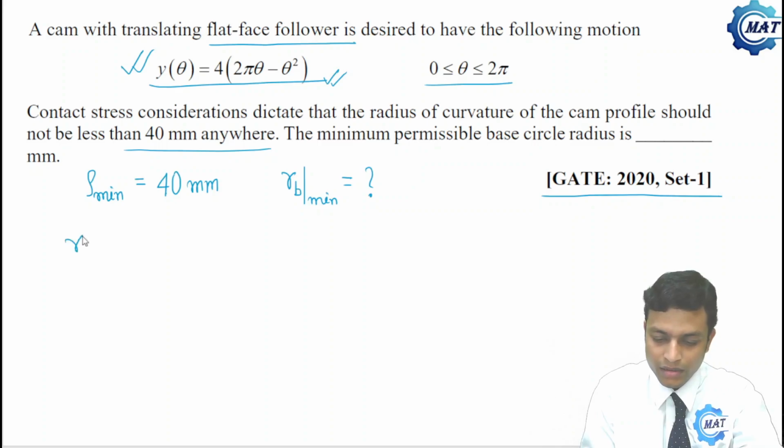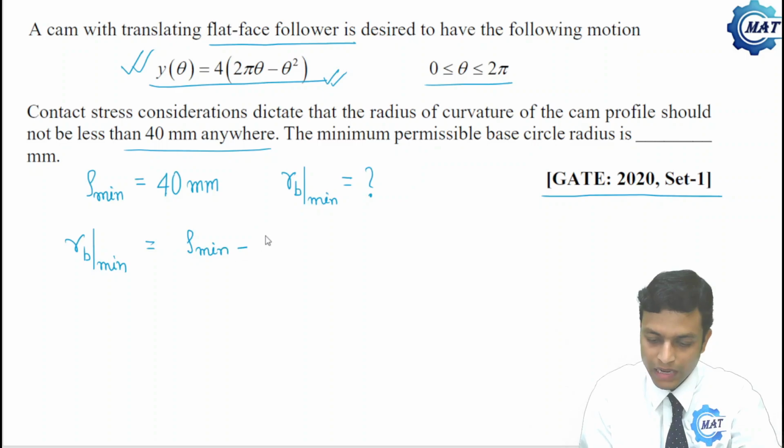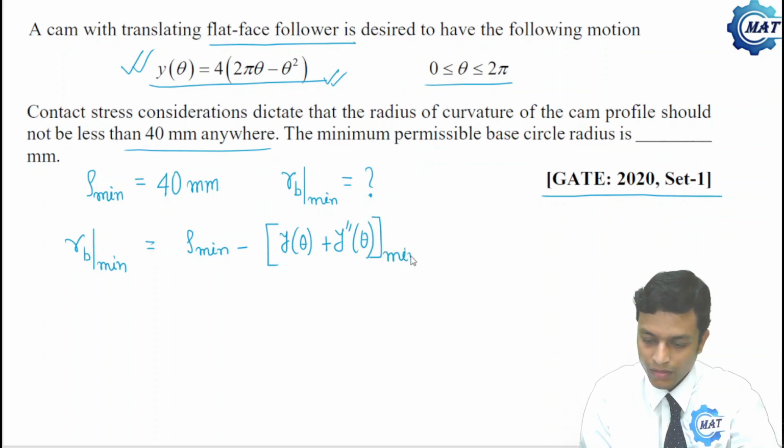We know the expression of RB min that we have just derived: rho min minus the minimum of y of theta plus y double prime theta. The expression of y of theta is given, so what is y prime theta?